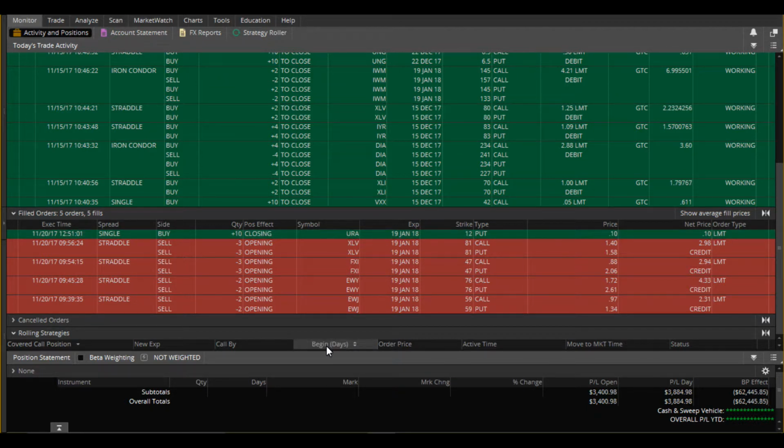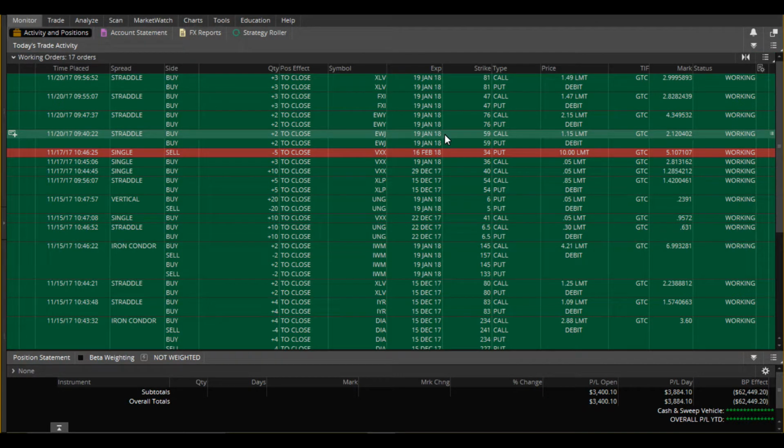For the straddles, if you ended up doing a straddle with me, you'll take this $2.31, and we're targeting 50% profit, so we'd put in a closing good-til-canceled order at $1.15. Same for this EWY. We will do it at $2.16 or so, which, as you can see, we already have up here.